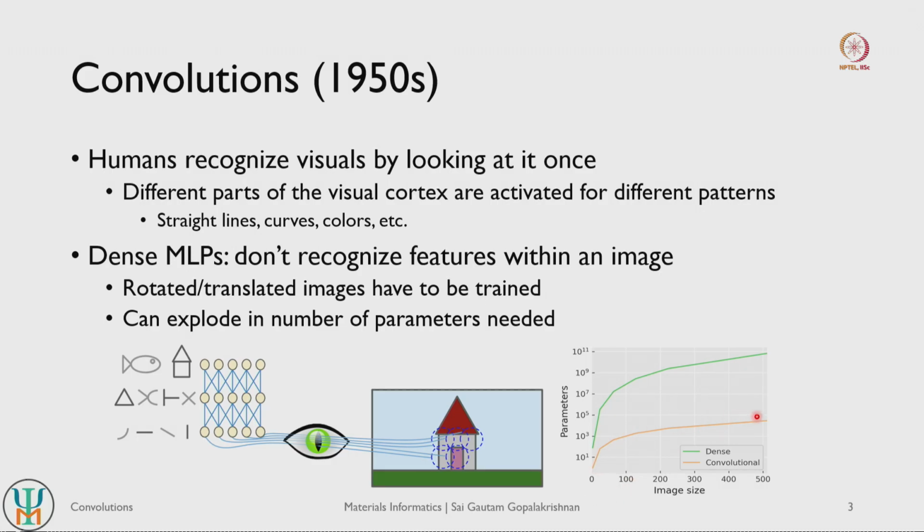If your convolutional neural networks have an increase in the number of parameters represented by this orange line here, your dense neural networks may have a very large increase in terms of the number of parameters needed to recognize a given image. So this makes the models very heavy and very cumbersome to train or even manage.